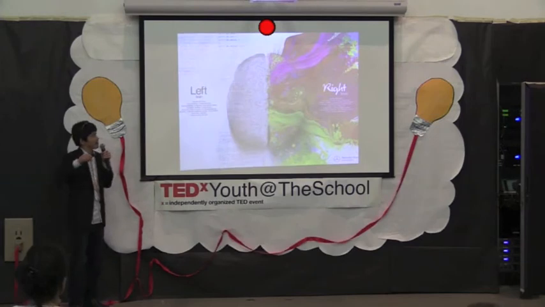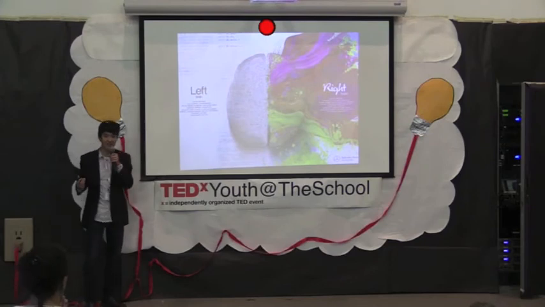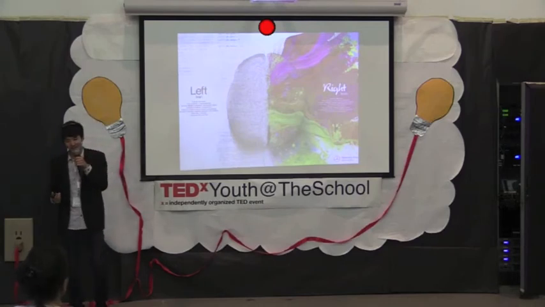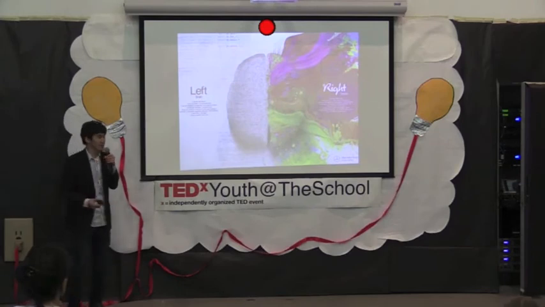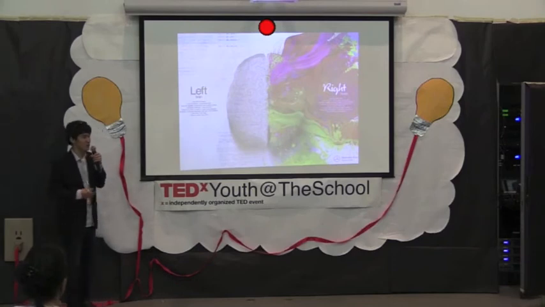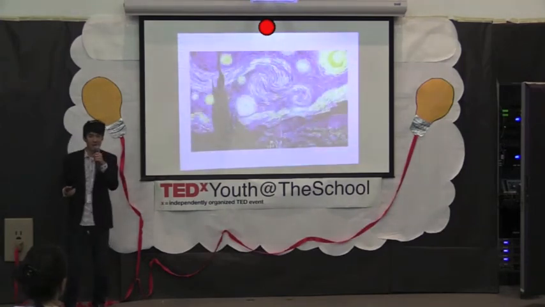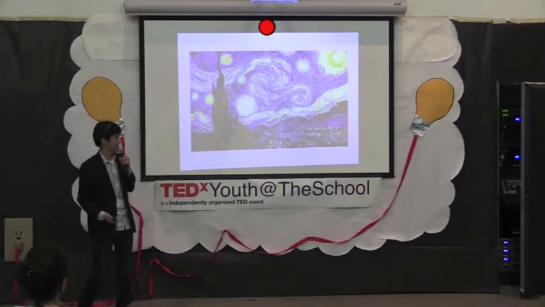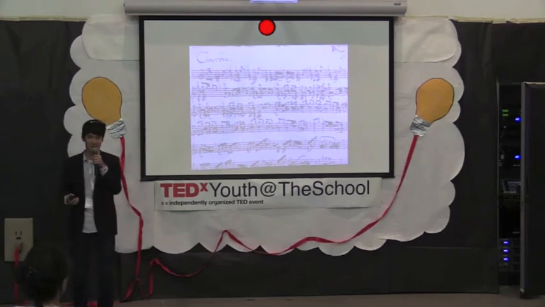This means that both sides of the brain are actually used to accomplish a lot of the tasks that you have to do in your life. So a scientist, for example, who needs to figure out a creative way of solving a scientific problem, is pretty much equivalent to the creative process that goes on in the head of a painter, who is limited by the size of the canvas or the material that he uses, or a composer who's limited by the notation and also the instruments that he wants to compose for.